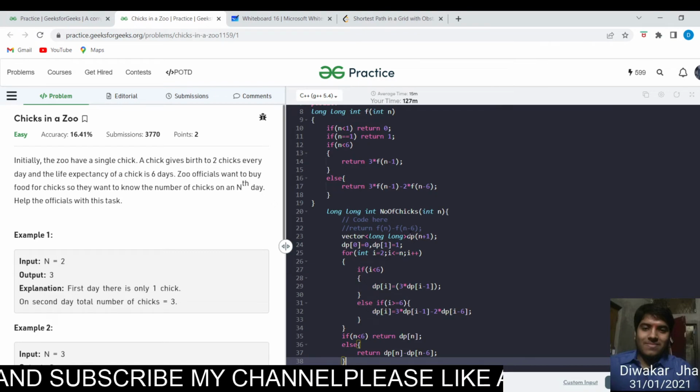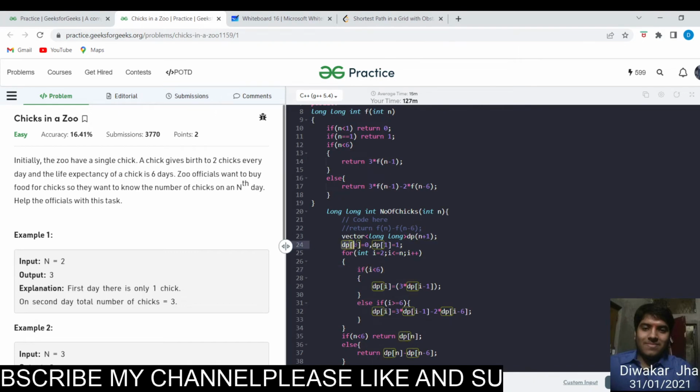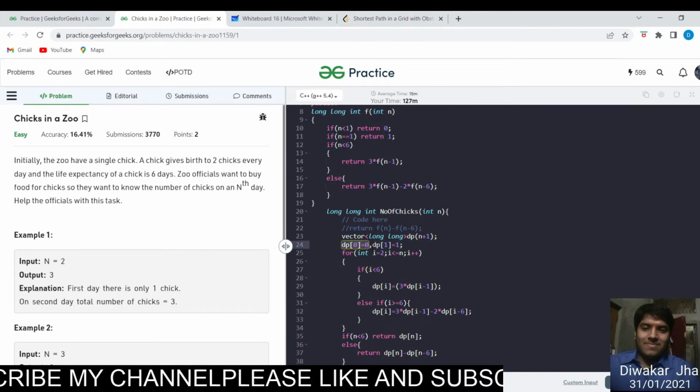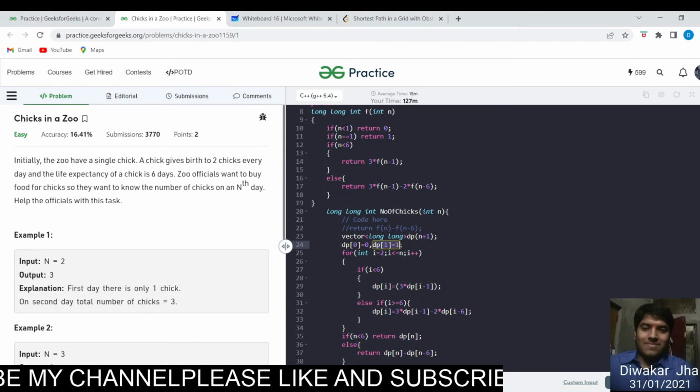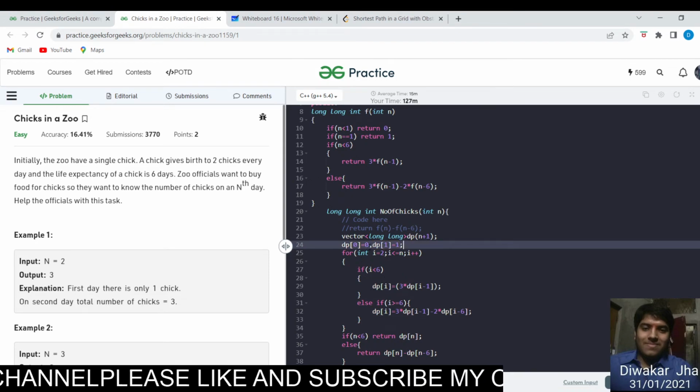We simply declare a DP array of size n plus 1, and for DP 0 we add 0, and DP 1 add the value 1. Then we fill the entire DP.